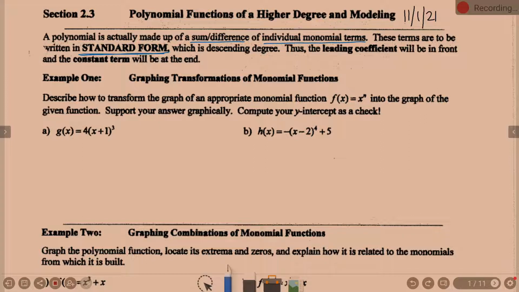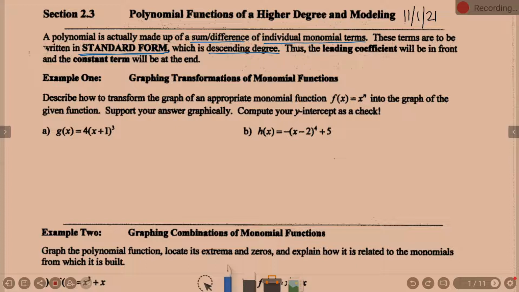Do you guys remember standard form? Anytime we talk about standard form, you start at your highest power and go down. Probably the most common standard form you can think of would be that of a quadratic, ax squared plus bx plus c. But standard form in general is descending degree. So you start with your highest power and go down from there.